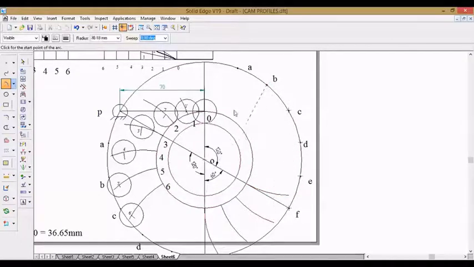B. And finally A. 70 mm is the length of the follower.